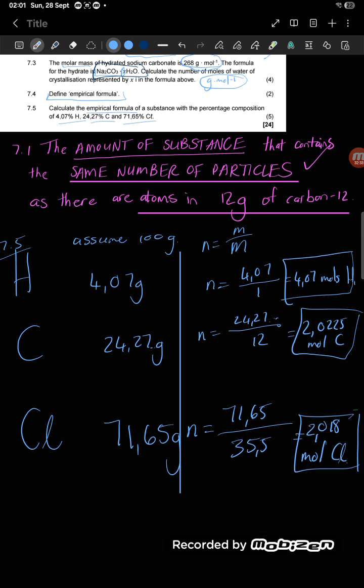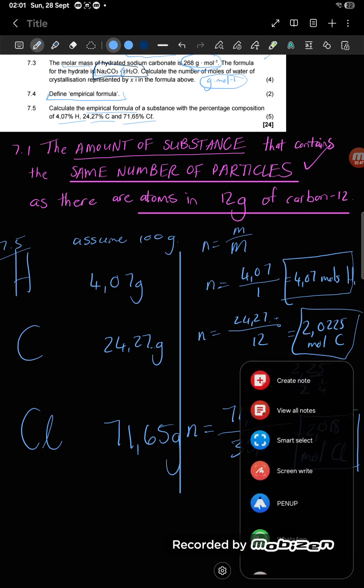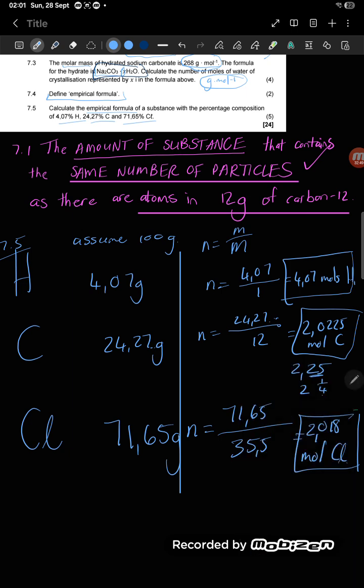Slight. If this was 2.25, can you see what would happen? You would have 9 over 4, which means you would have to times all of those ratios by 4.